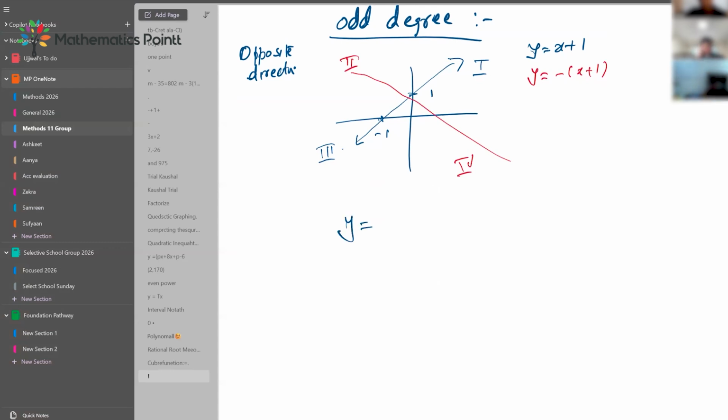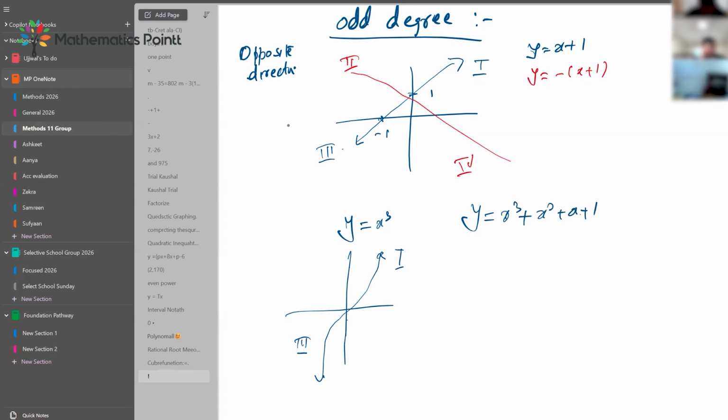y equals x cubed, it has a point of inflection, you see here. That's how it is. First quadrant, third quadrant. And the other forms of cubic that we discussed last time, if there's a general form, I've just made up something.